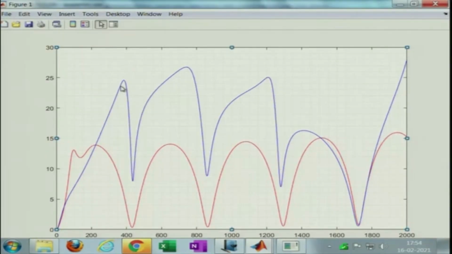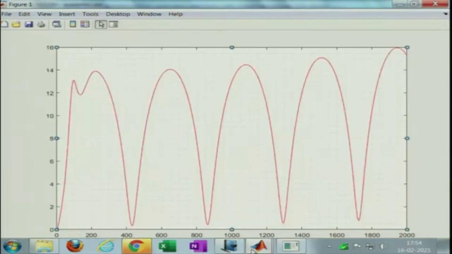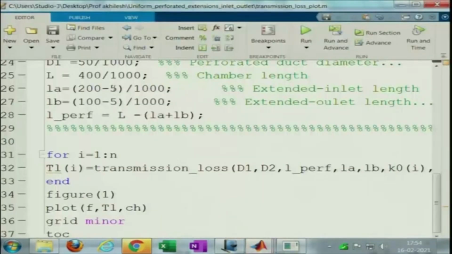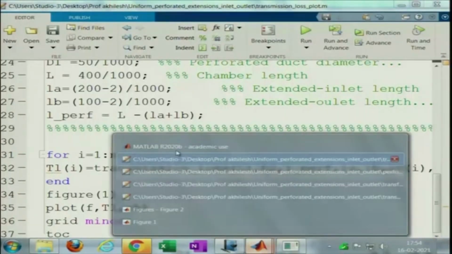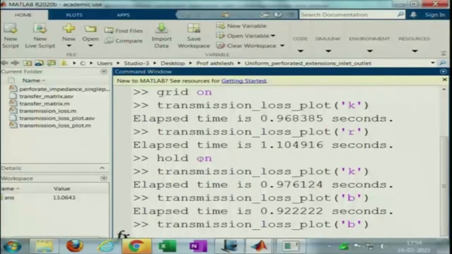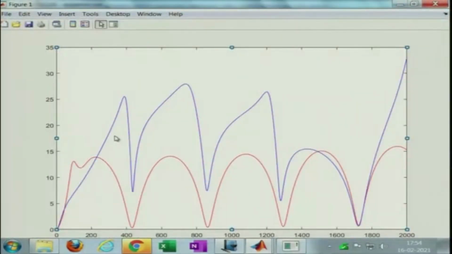We are getting this kind of a thing. So, basically mean flow tends to reduce or decrease the end correction. So, we are nearly there.